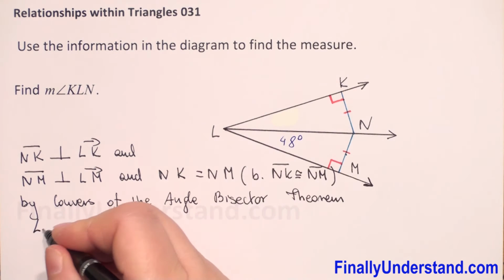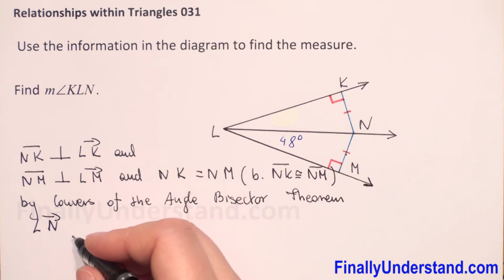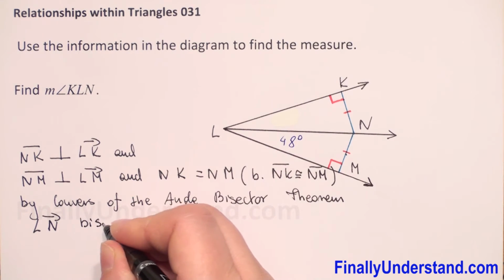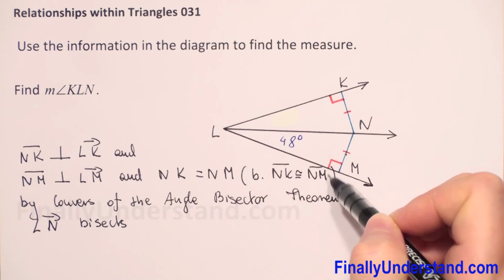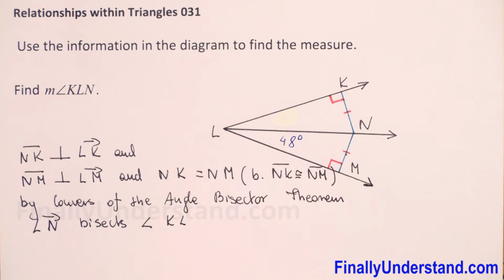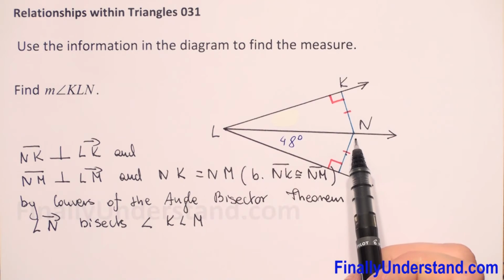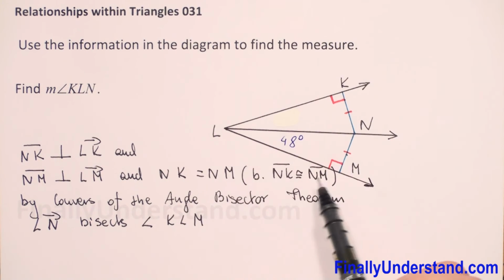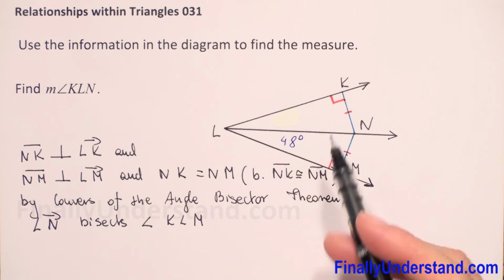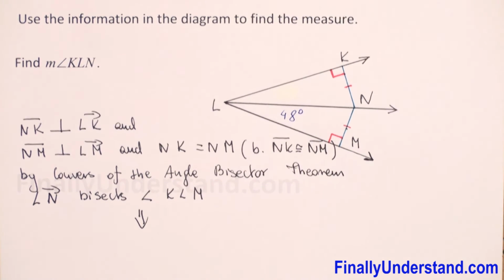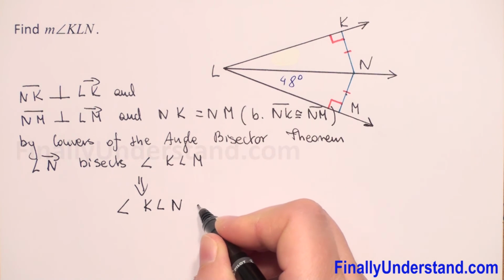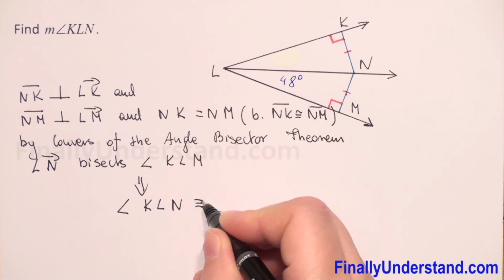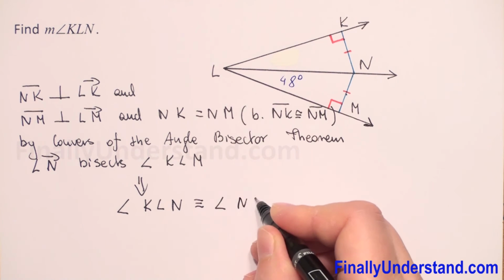LN ray bisects angle KLM. So, if LN ray bisects angle KLM, it means that angle KLN is congruent to angle NLM.